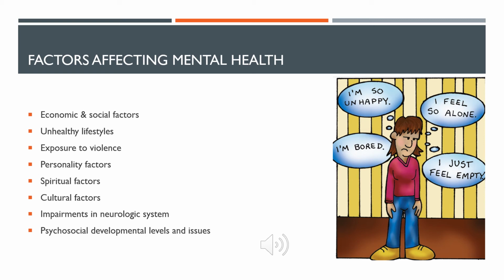You have social and economic factors, unhealthy lifestyles, if they are exposed to violence, personality and spiritual factors, as well as cultural factors. Problems with their neurologic system can affect mental health, and psychosocial development, whether they have issues or where they are on their psychosocial development, those different levels. So there are many things that affect mental health, and I just throw this slide in here so you're aware of that as you're assessing someone's mental status.